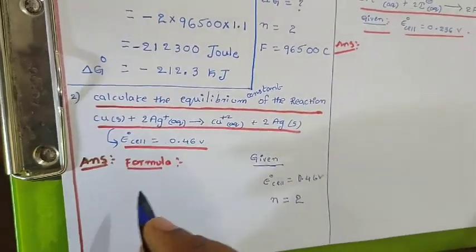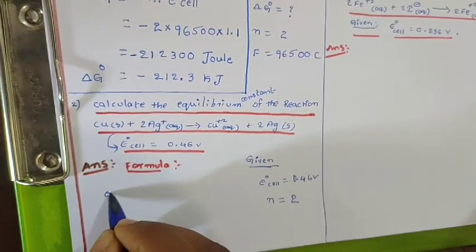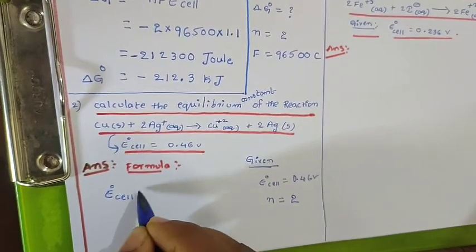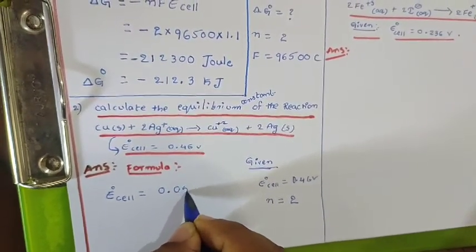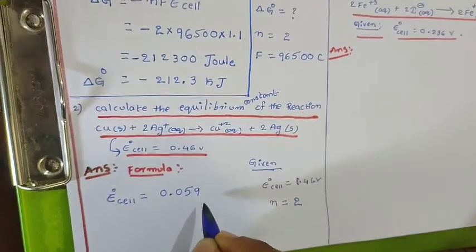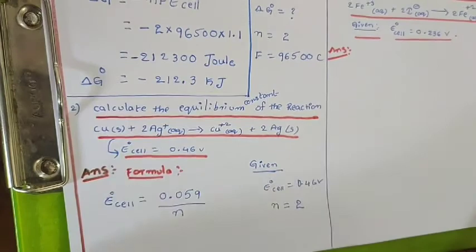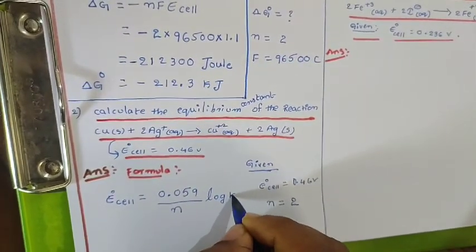Then the basic formula is E naught cell is equal to 0.059 divided by n, log Kc.